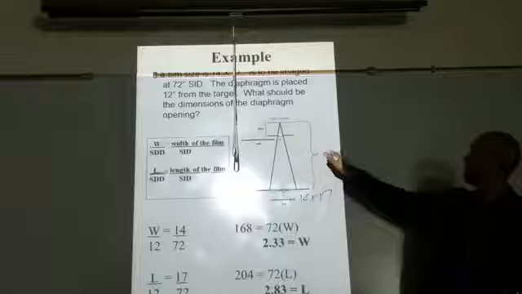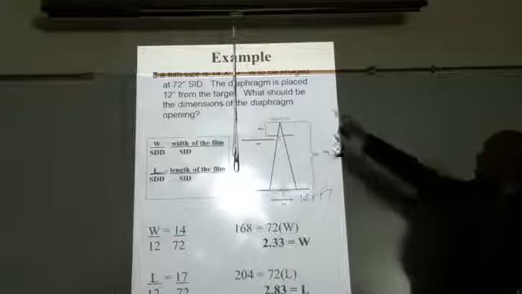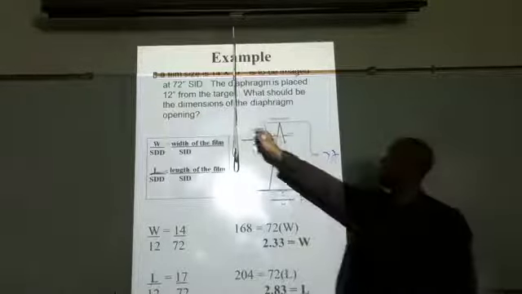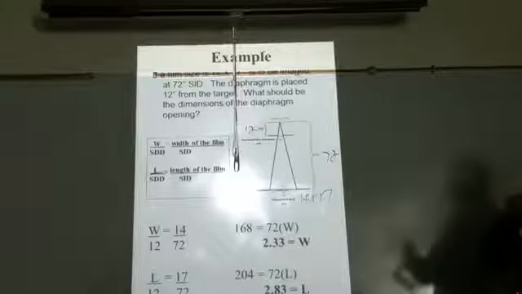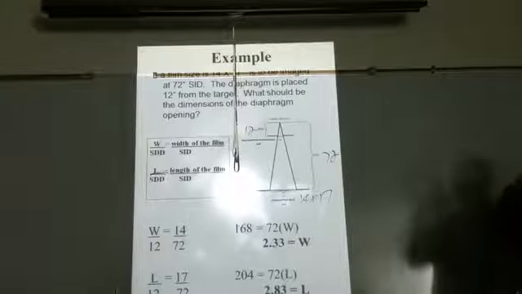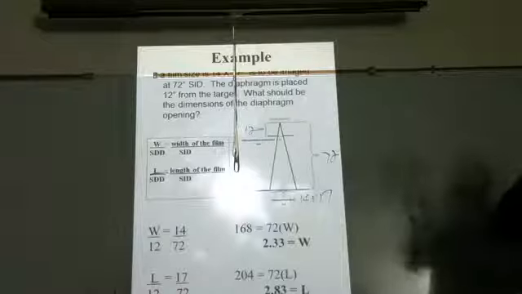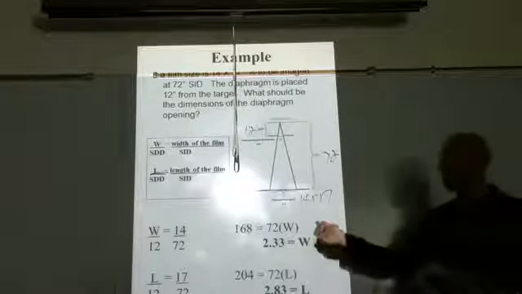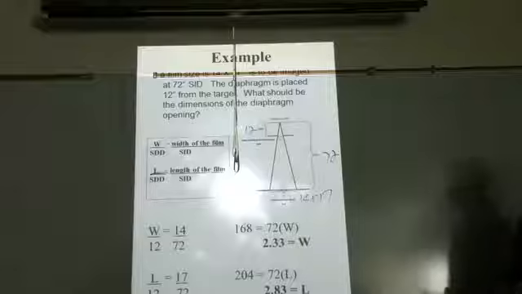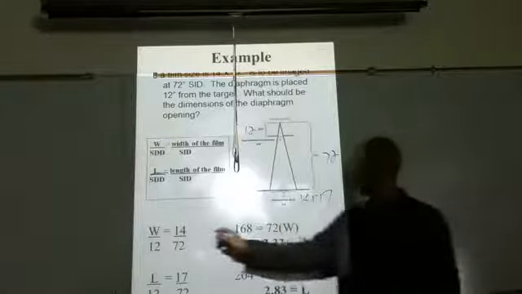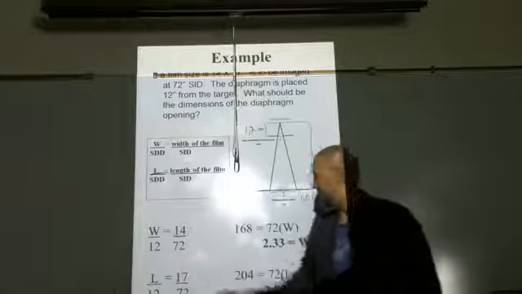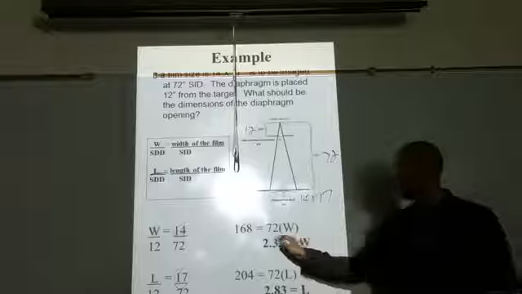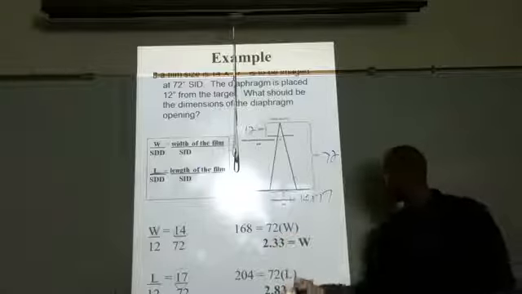My SID is going to be 72. 12 inches, source to diaphragm distance. So I need to figure out again the dimension of my aperture window at a certain distance from my source to give me a beam size of 14 by 17. Okay? Let's figure out the dimension of 14, and then we'll figure out the dimension of 17. My aperture window should be 2.33 by 2.83.